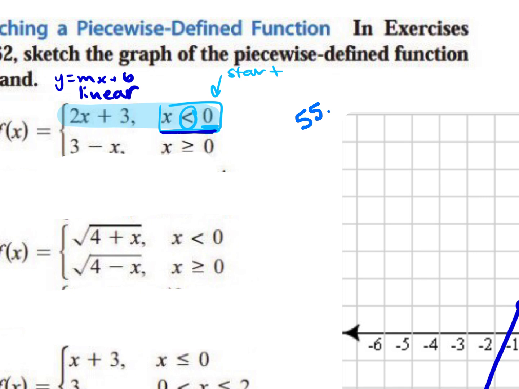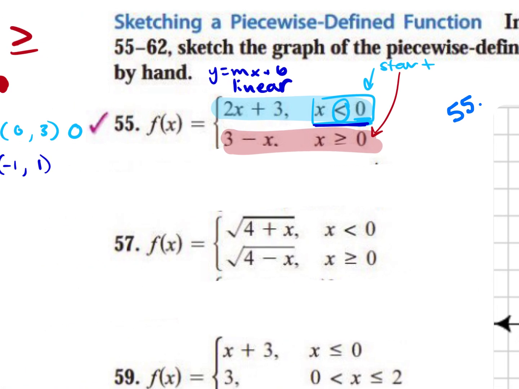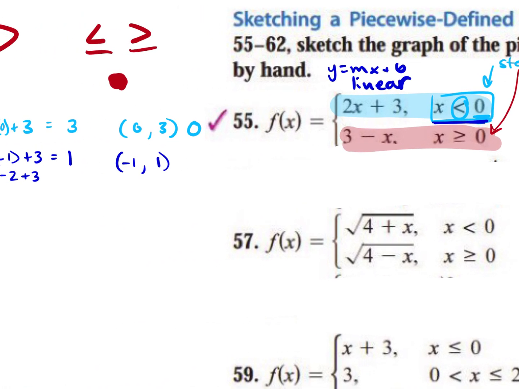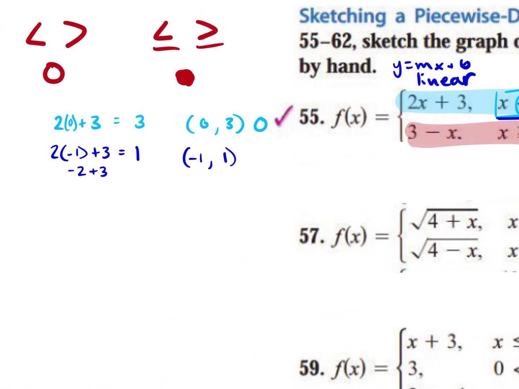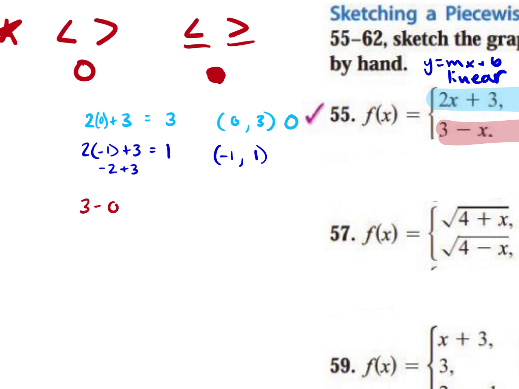We're going to do the same thing with the second piece. So we always want to start with the number that's given. So I'm going to start by plugging in 0, but I'm plugging it into my second equation now. So 3 minus 0 would be equal to 3.